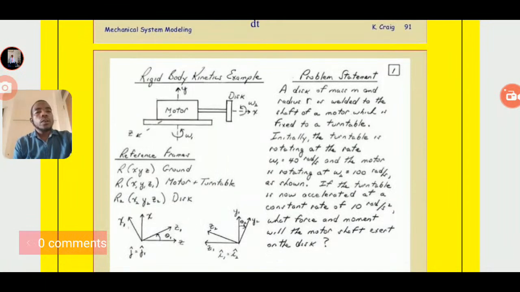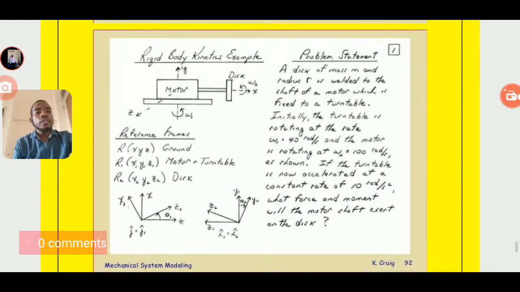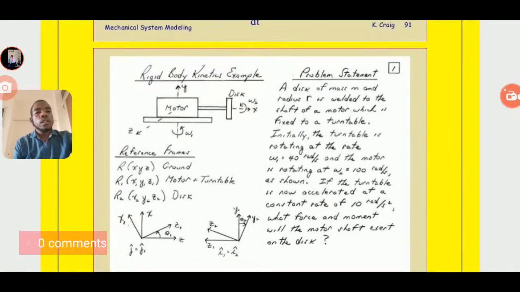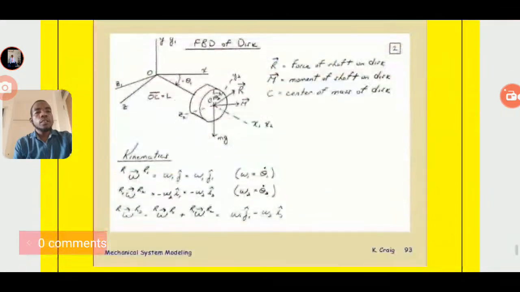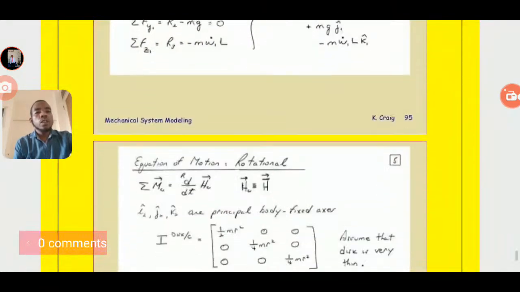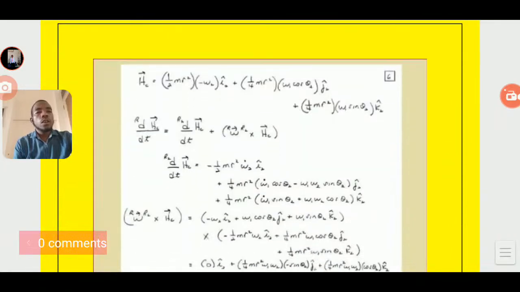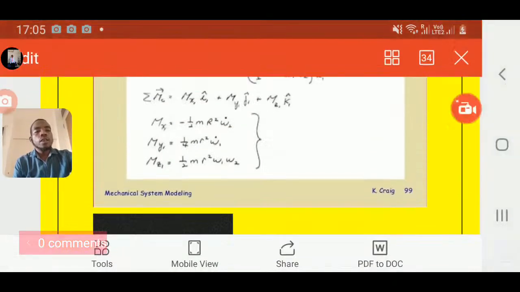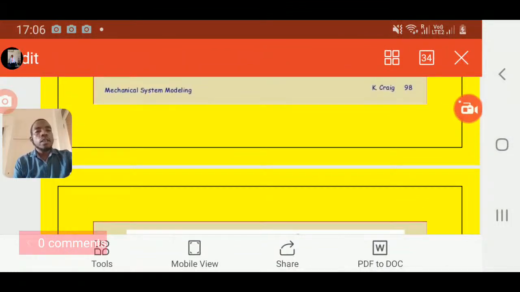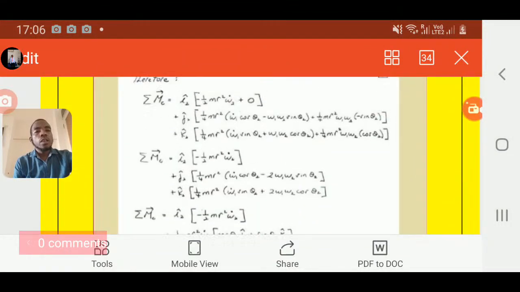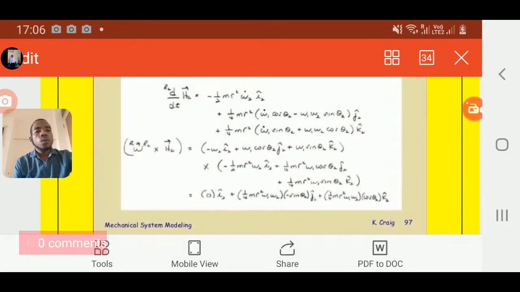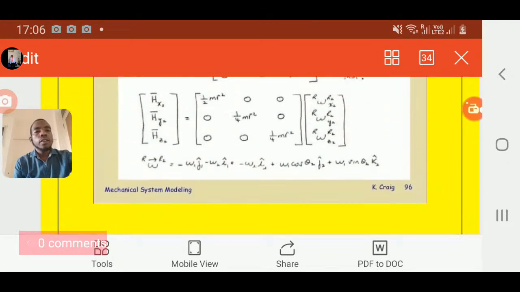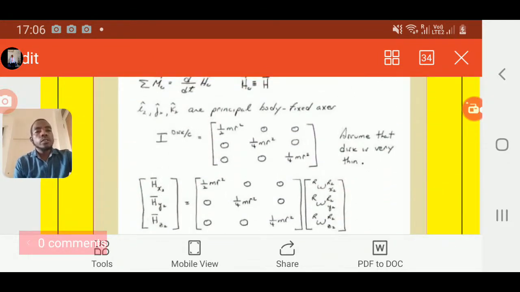Like this we have to find all of them, and these are all very important formulas. We have to derive all the formulas and see all of them.